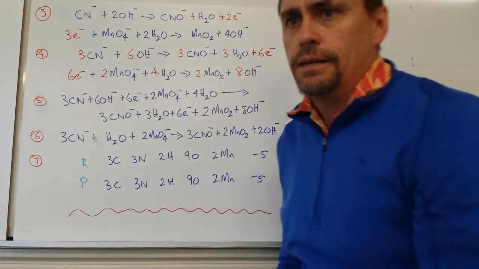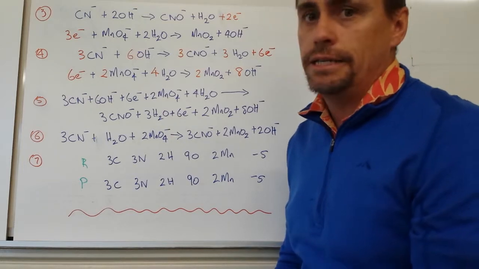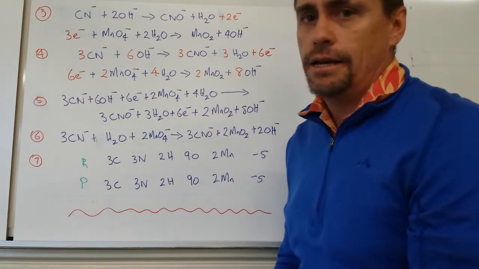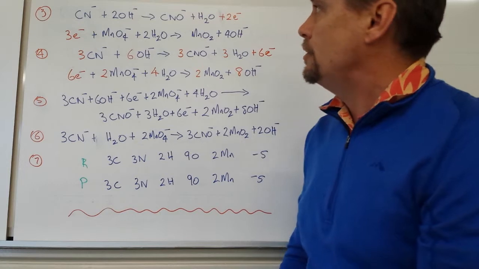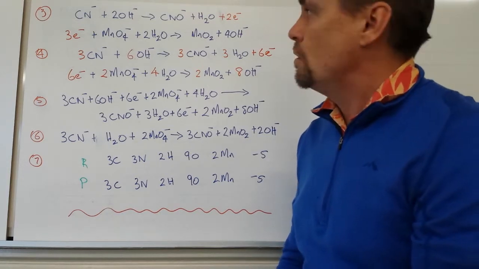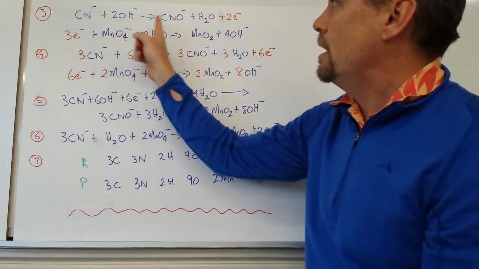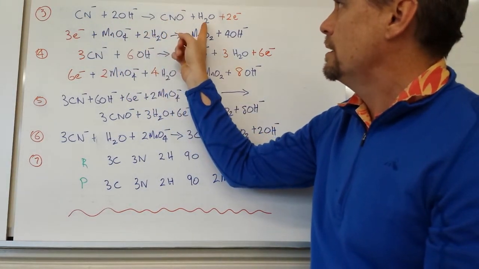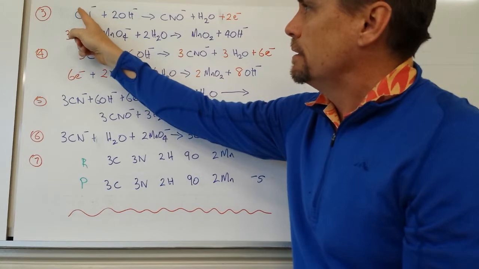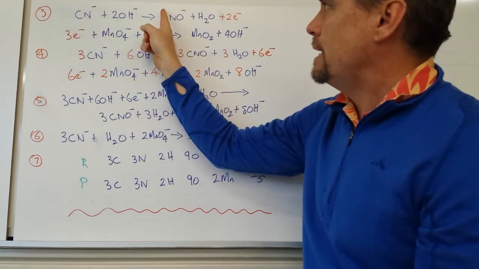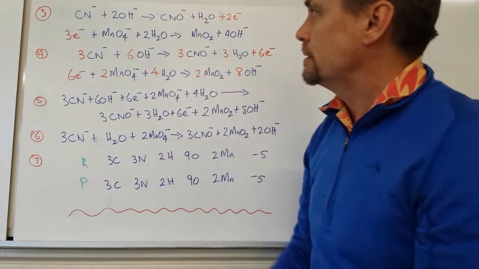Step number 3 in balancing our redox reaction in a basic solution is to add electrons to both sides to balance the charge. So if we take our oxidation half reaction, our cyanide plus 2 hydroxide gives cyanate plus water. We've gone from a plus 2 state to a plus 4 state here, so we've given up 2 electrons.